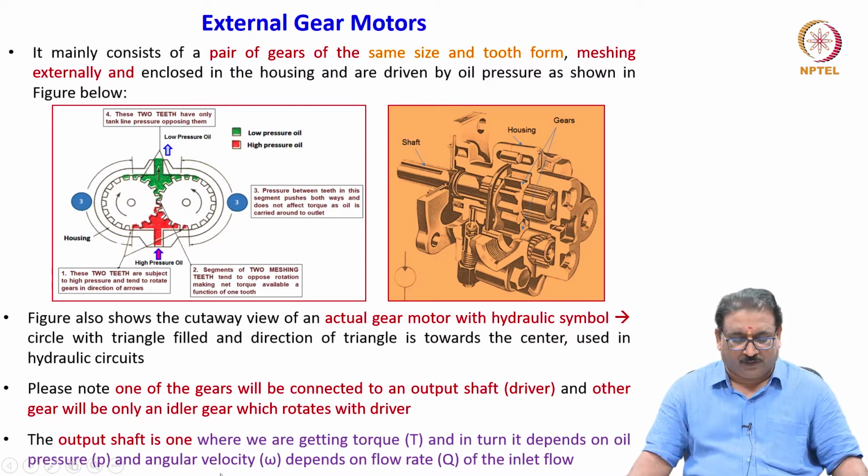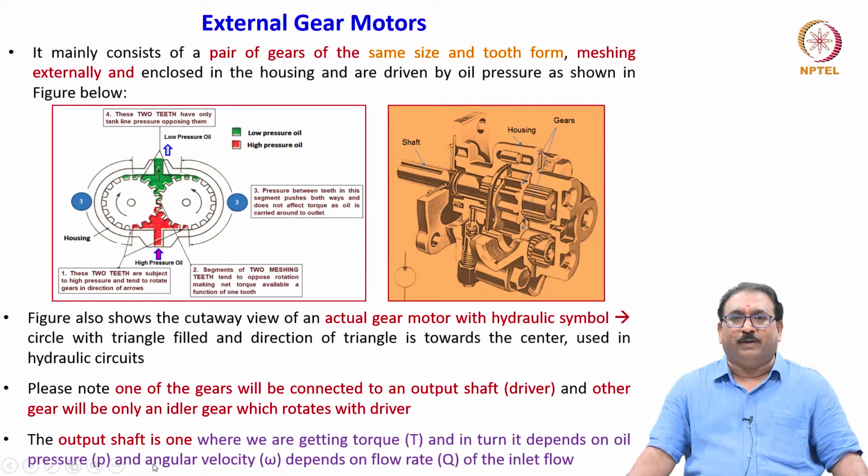The output shaft is where we are getting the torque, and it depends on the oil pressure. More oil pressure, more torque. Angular velocity depends on the flow rate of the inlet flow. If the flow rate is higher, the shaft will rotate at a higher speed. The principle is very simple.